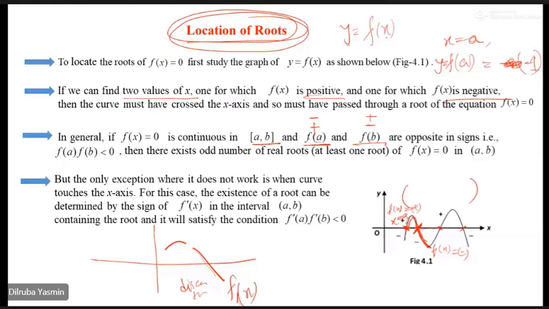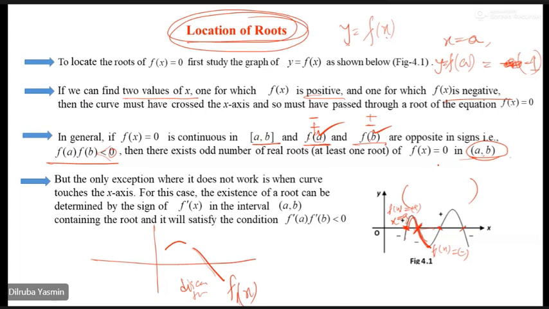If you get a positive value for f at the point a, you should get a negative function value at the point b, so that you can predict at least one real root exists in the open interval a comma b. You consider a here and b here to derive the functional values, and you get f of a times f of b less than 0.